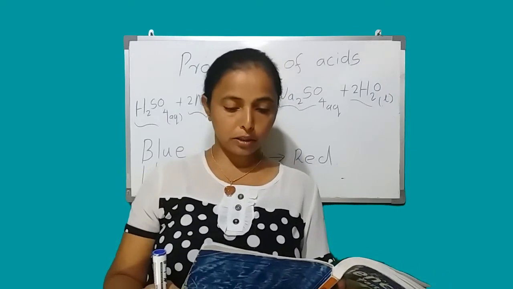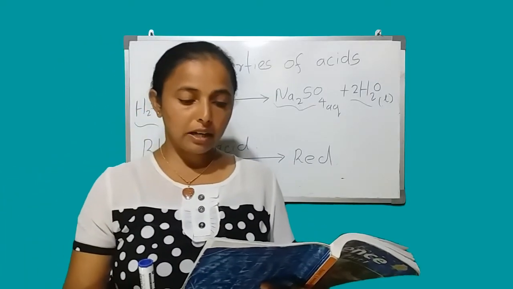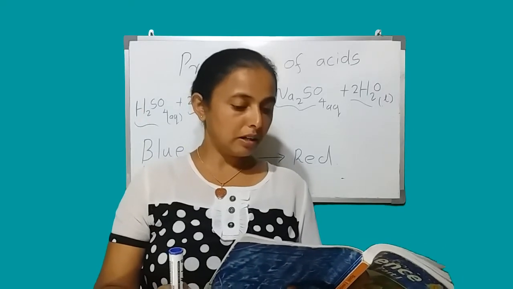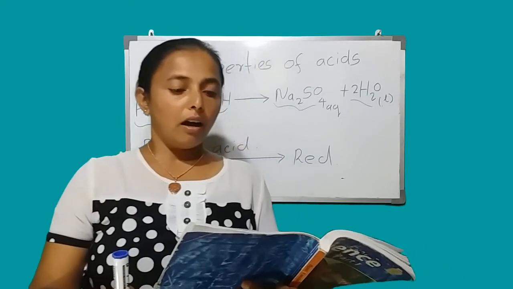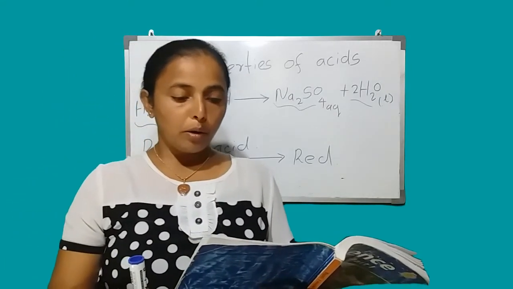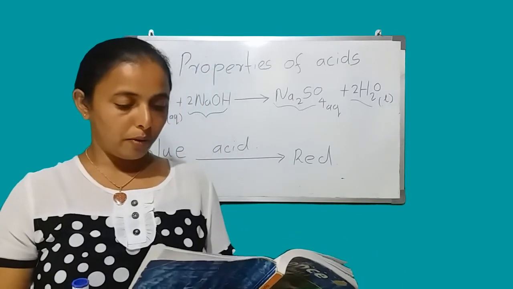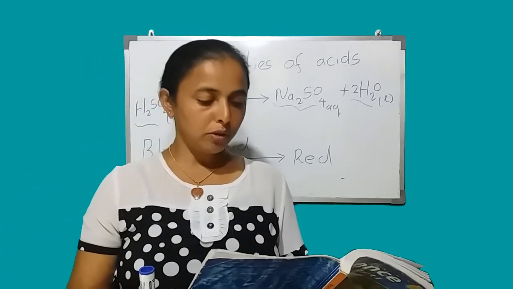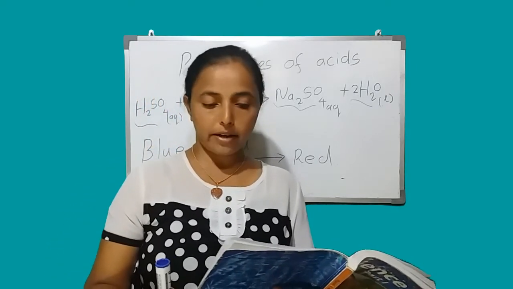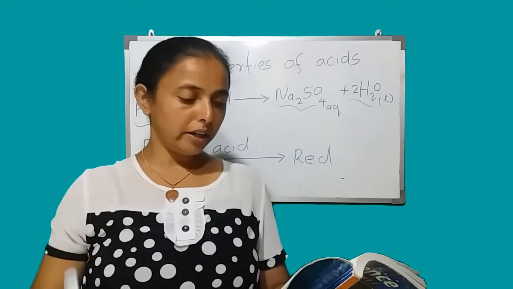Aqua regia is a strong acid. Aqua regia is a mixture of concentrated nitric acid and concentrated hydrochloric acid mixed in 1:3 ratio. It is used to dissolve metals like gold and platinum. That is the uses of hydrochloric acid.